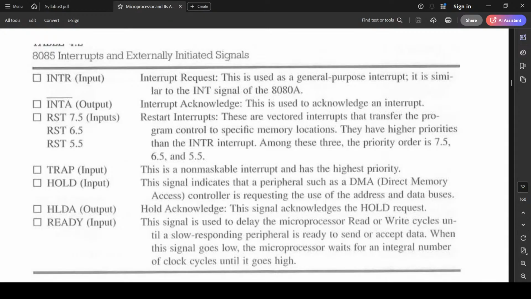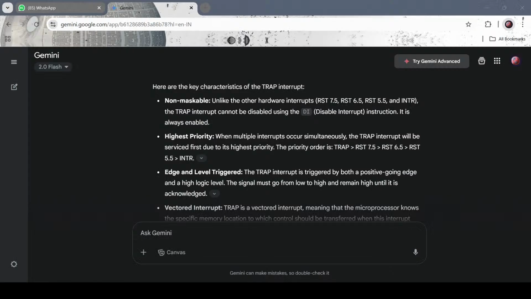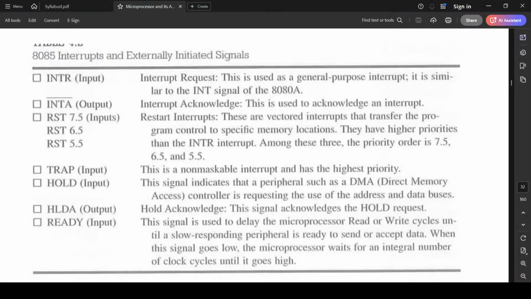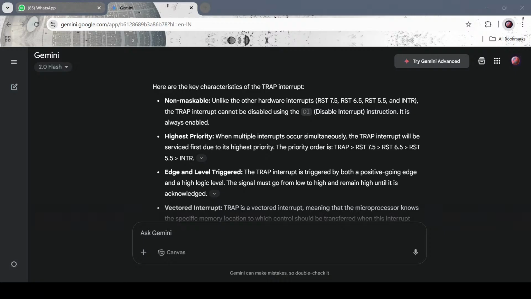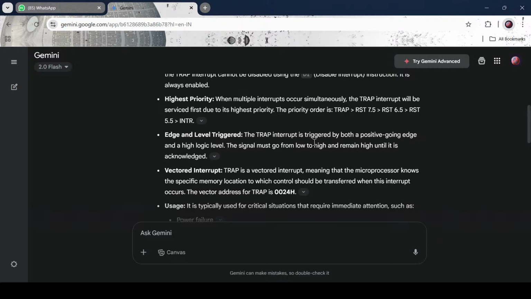So the priority order is TRAP, then RST 7.5, 6.5, 5.5. The next is edge and level triggered.